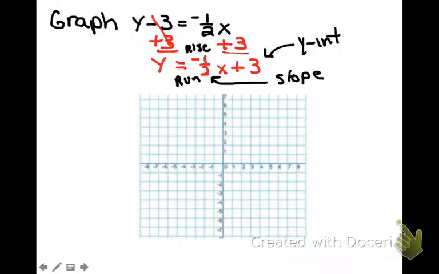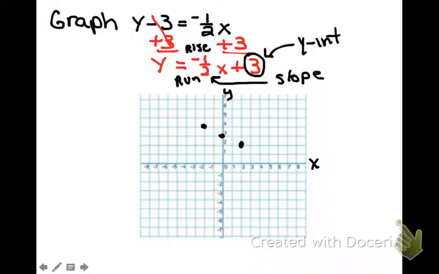So we're going to start by plotting the 3 on my y-axis. Then from there, we have one negative, so we can go down 1 and over a positive 2, or we can do it where we go up 1 and then go over negative 2.